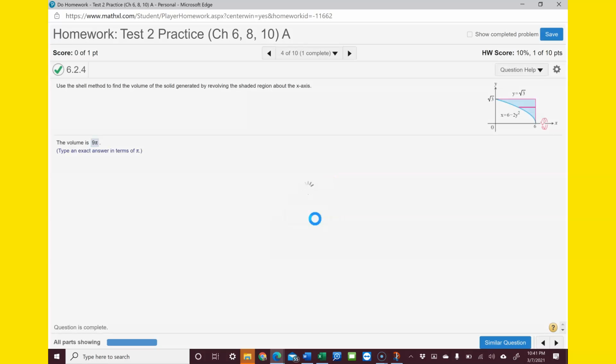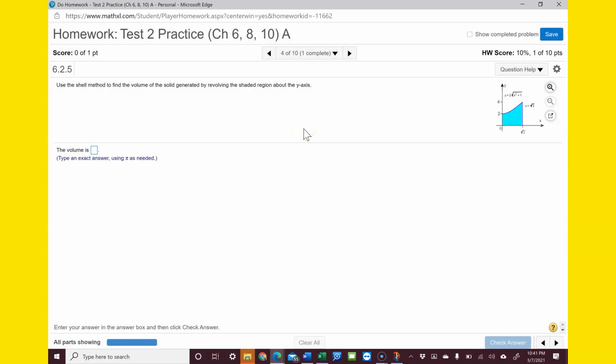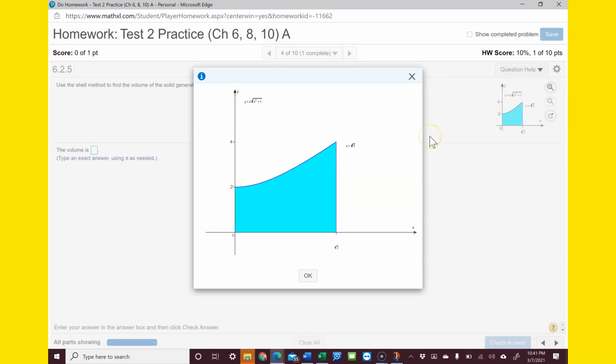Next question. Number 4. Again, the shell method, revolving the shaded region about the y-axis.